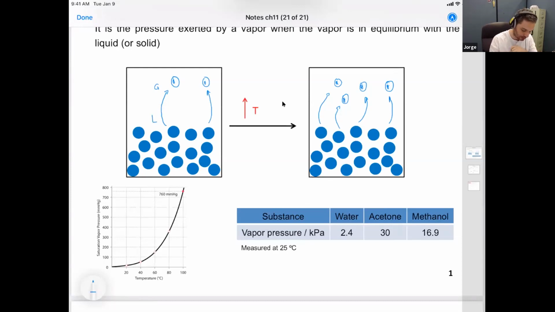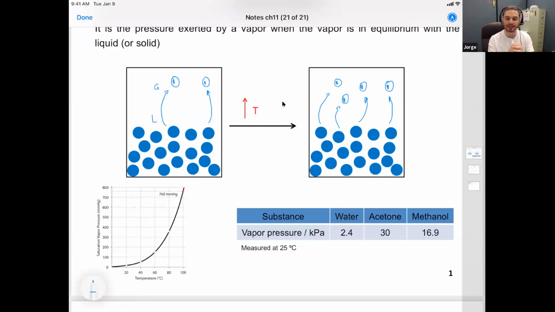Okay, so see here in the table, we have vapor pressure of water, acetone, and methanol, for example. So water has the lowest vapor pressure, followed by methanol, followed by acetone. So that means at the same temperature, there are fewer molecules of water in the gas state when compared to methanol or acetone.